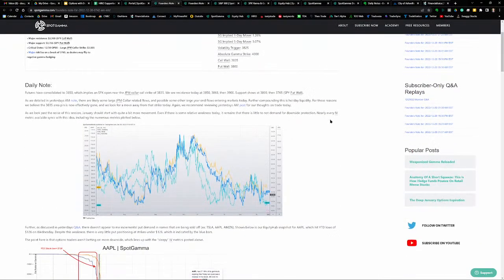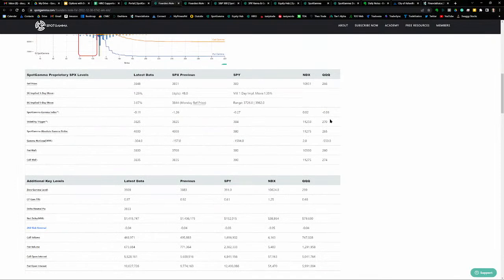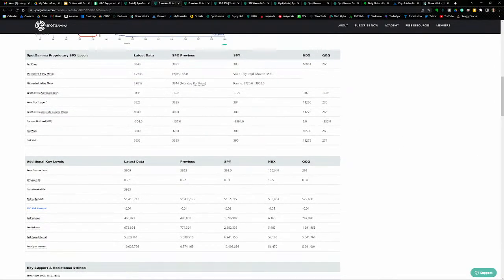This is from today. And as usual, I'm going to take a look at gamma notional. This shows market makers' position on the gamma curve. Today, gamma notional for both SPY and SPX became less negative.